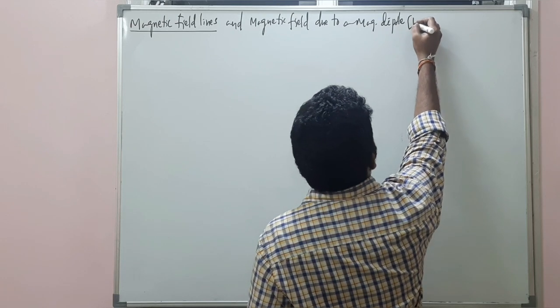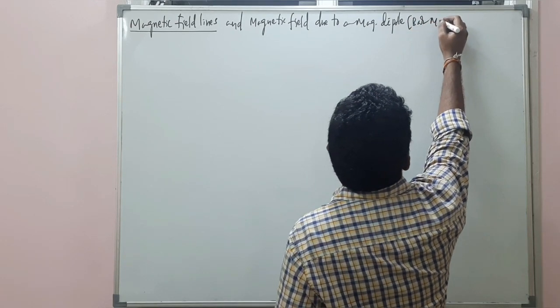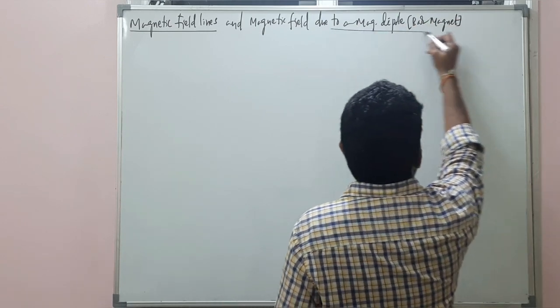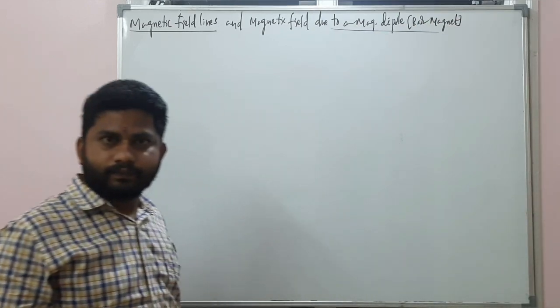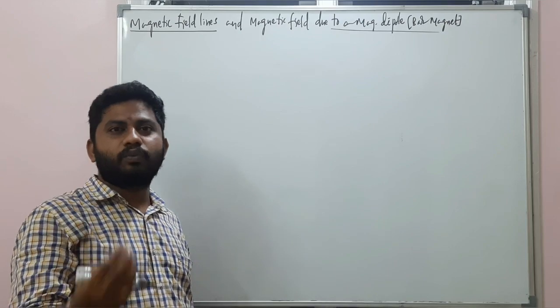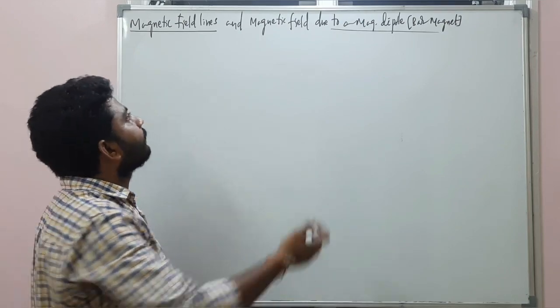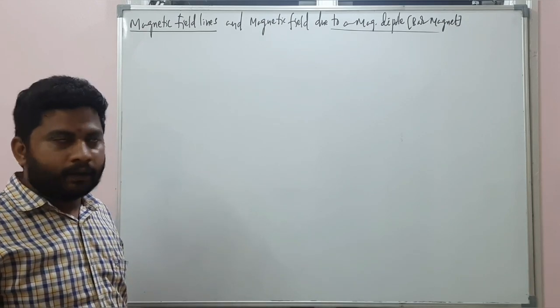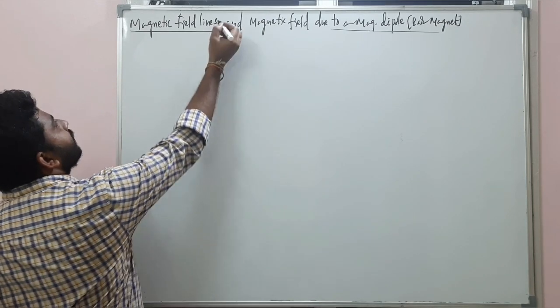Magnetic dipole means a bar magnet. Clear? Because a bar magnet will have two poles. There's no existence of a monopole, right? So that's why we consider the magnetic field due to a bar magnet. First, let's concentrate on field lines.